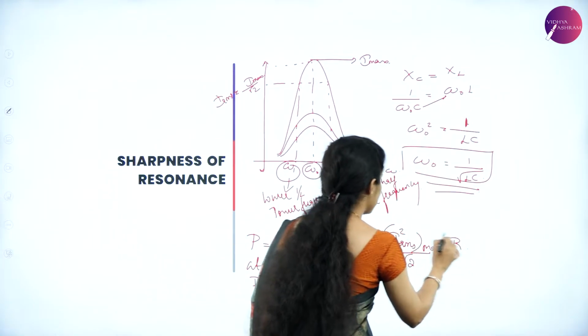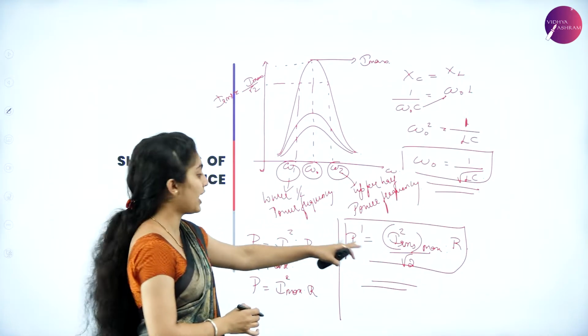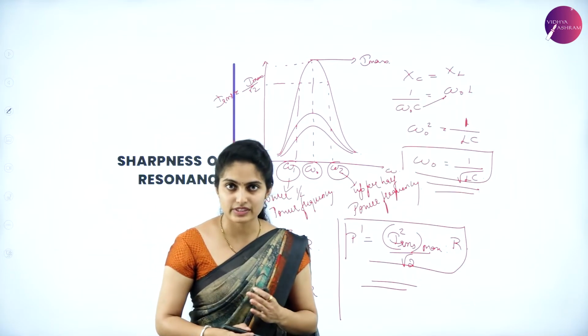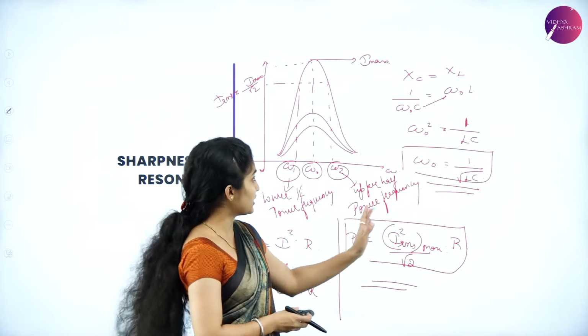So this is the power value for the half power frequency as well as the maximum frequencies, and this is at the resonance condition.